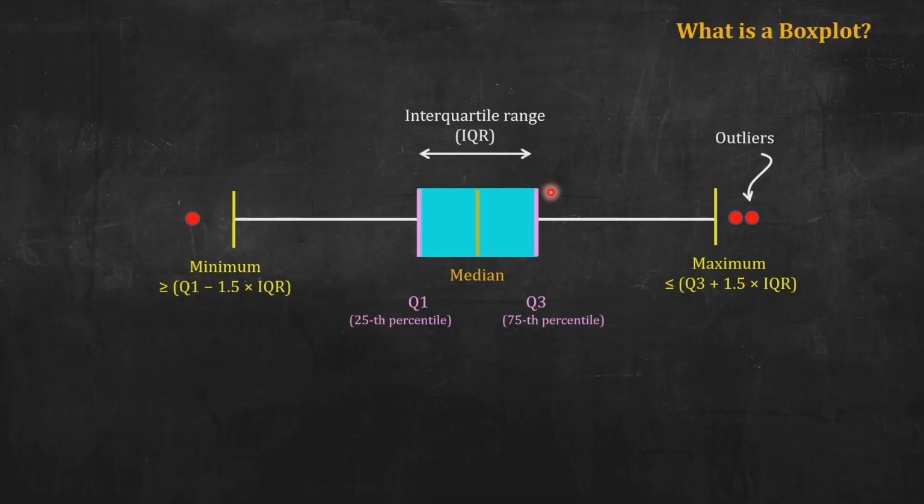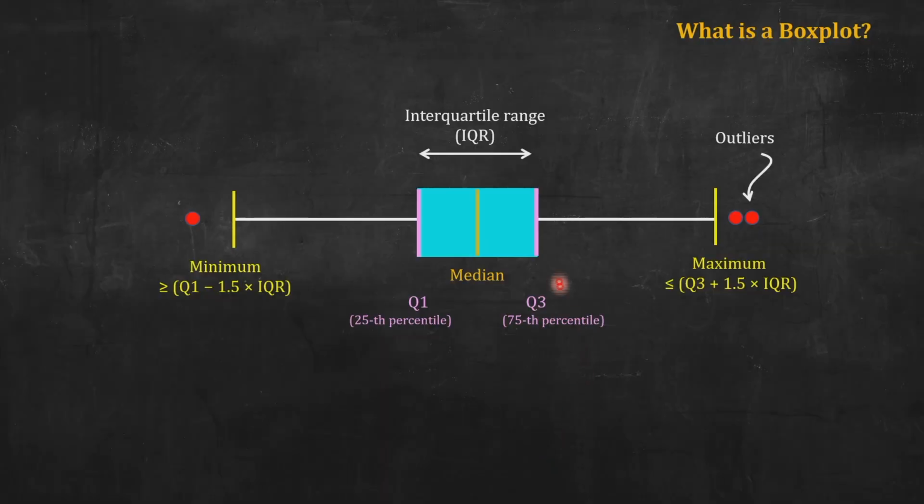Now, let me go to the edges of this box. On the lower side, the left-hand side of this box, I have marked it in pink. This is quartile 1 of the data. How do I get quartile 1? Take the data below the median and find the middle of that. That is your quartile 1. Similarly, the pink line on the other edge, the right-hand side, represents quartile 3, the third quartile.